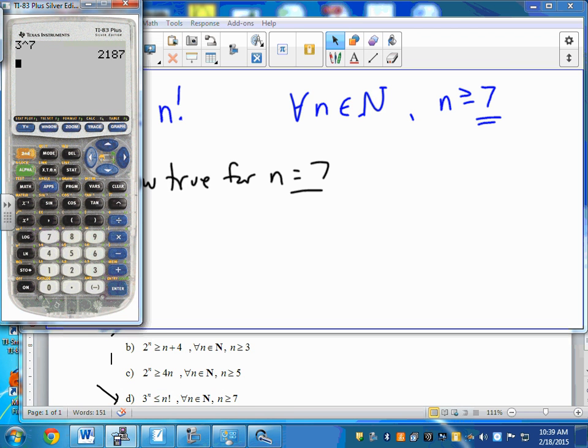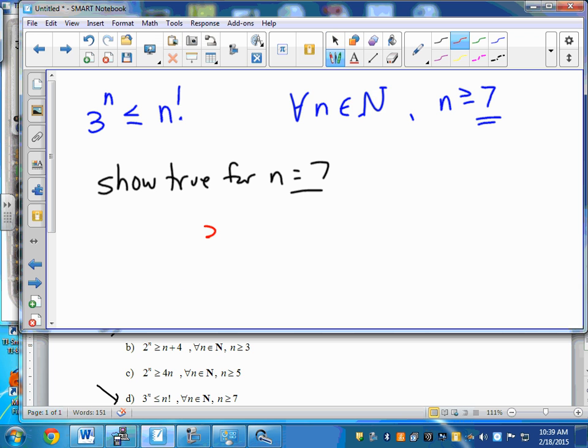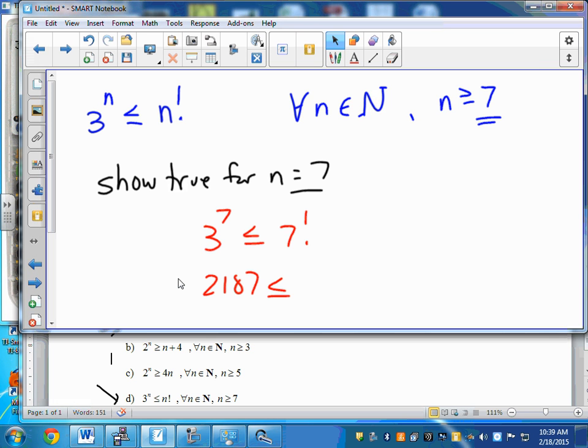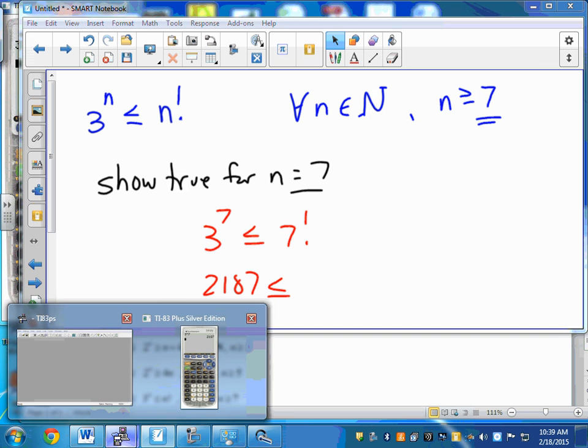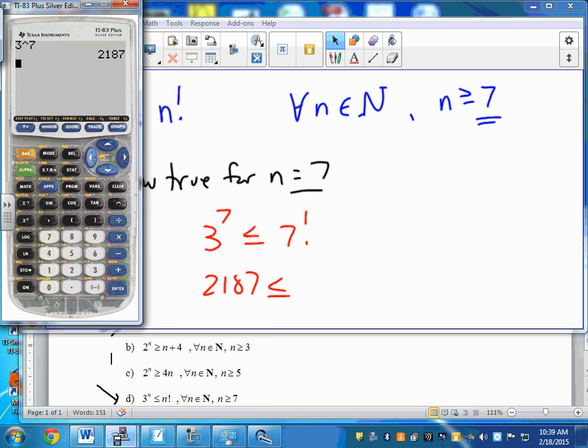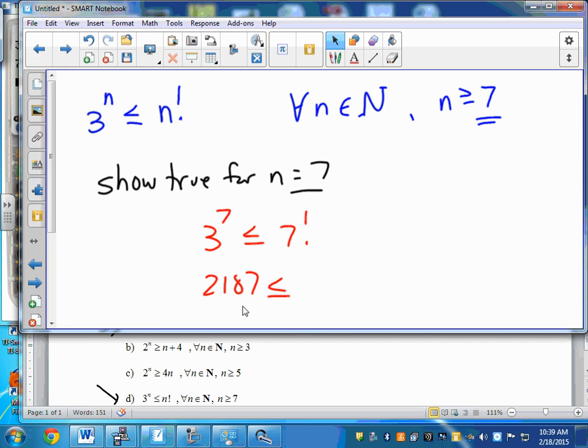That's 2187. 3 to the 7th less than or equal to 7 factorial. 2187 is supposed to be less than or equal to 7 factorial. Let's see, factorial button, 7. It's under the math, arrow over to probability. There it is, option 4. 7 factorial is 5040. So sure enough, this is true. Okay, so you can put a check mark there, and that is true.